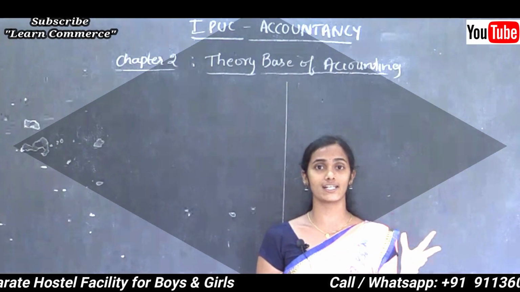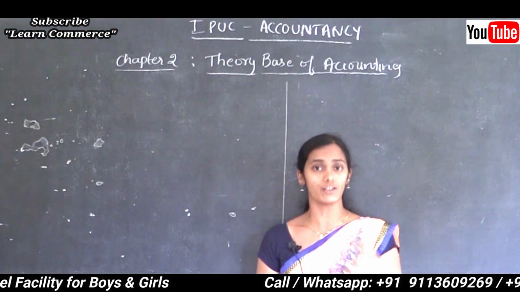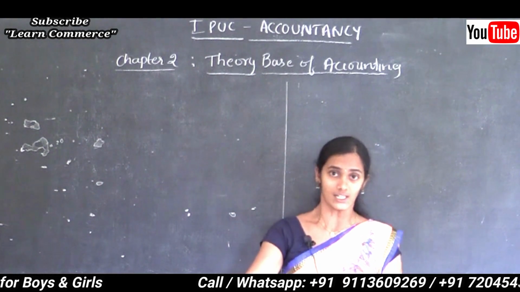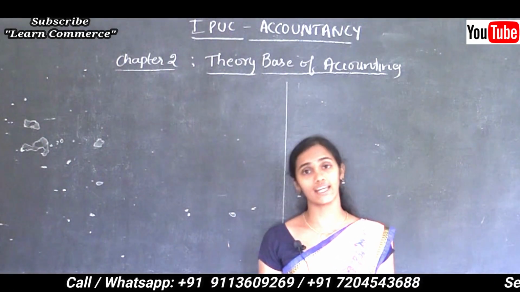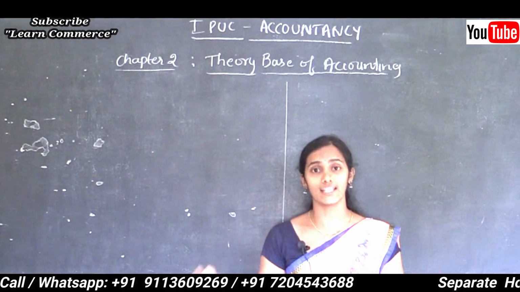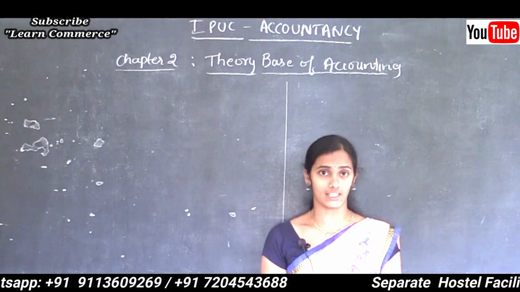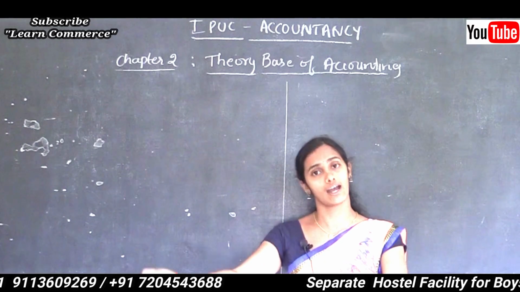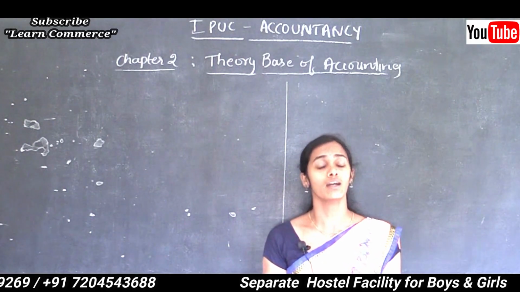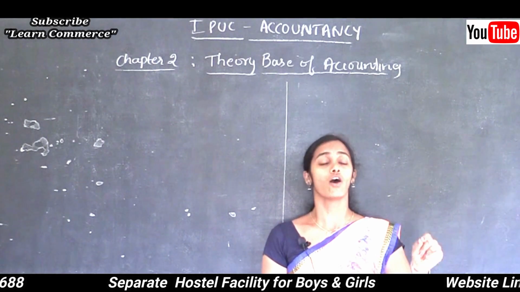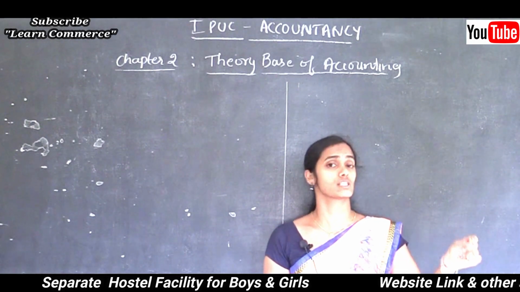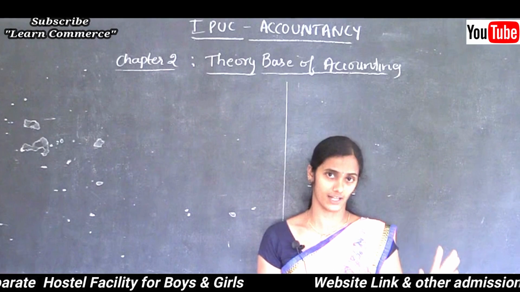If the organization is giving true information to the users, then the users can take correct decisions regarding any activities of the management, and the other external users can also take decisions based on the reliable, meaningful information given by the organization.